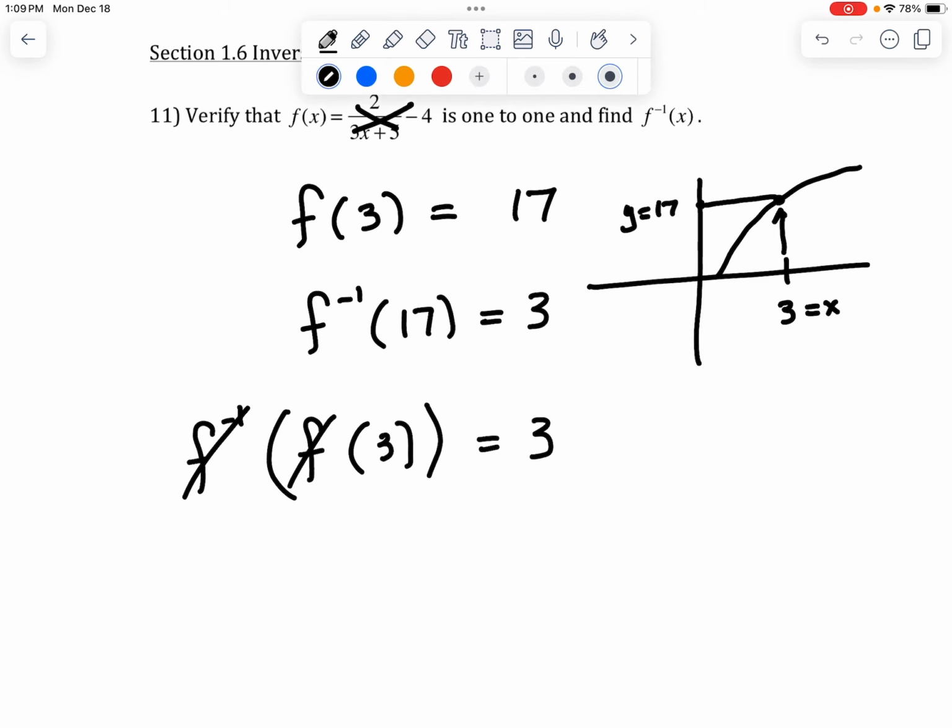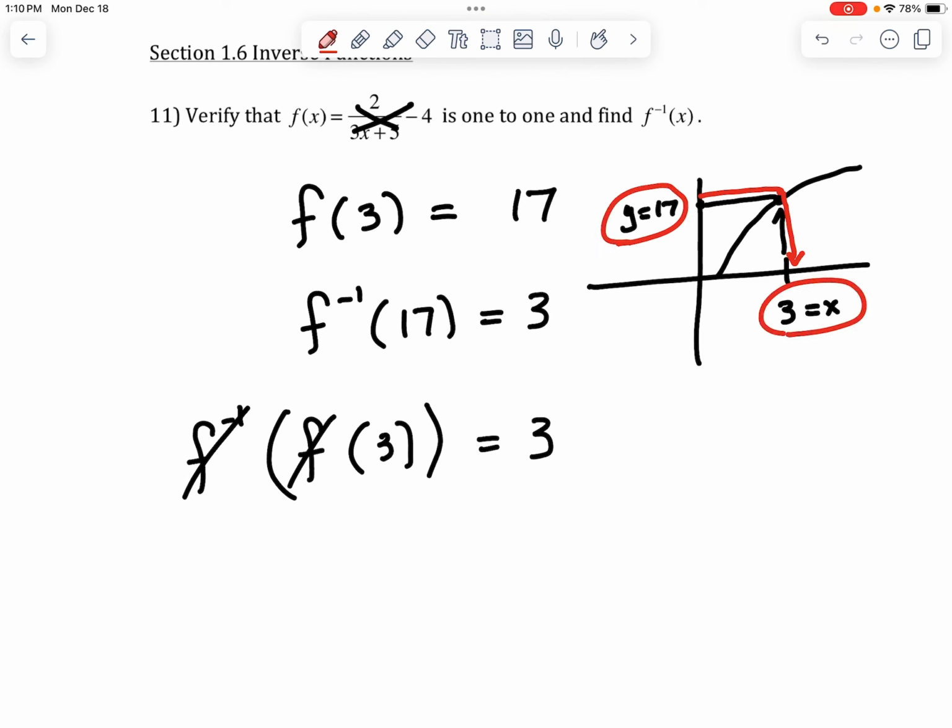And then the inverse function goes the opposite direction. It takes the y value of 17, goes over to the function, and then finds out that x was equal to 3. So with that red mark right there, basically it's saying instead of starting with x, you're starting with y, and then you're getting x. So the roles are being reversed.